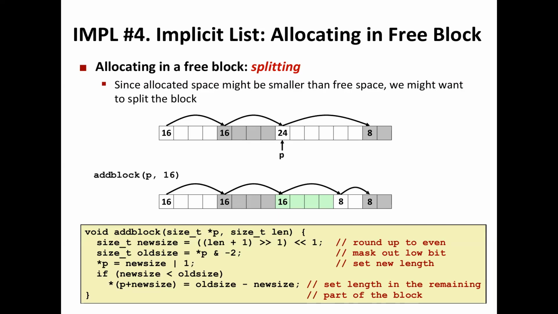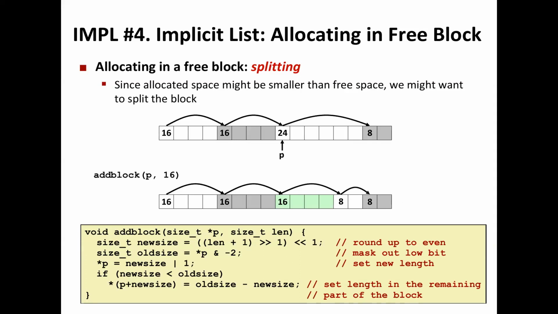So 17 shifted by 1. So what is right shifted by 1? That's divided by 2, right? So 17 divided, well, roughly divided, unless we are dealing with negative numbers, but we are not dealing with negative numbers.